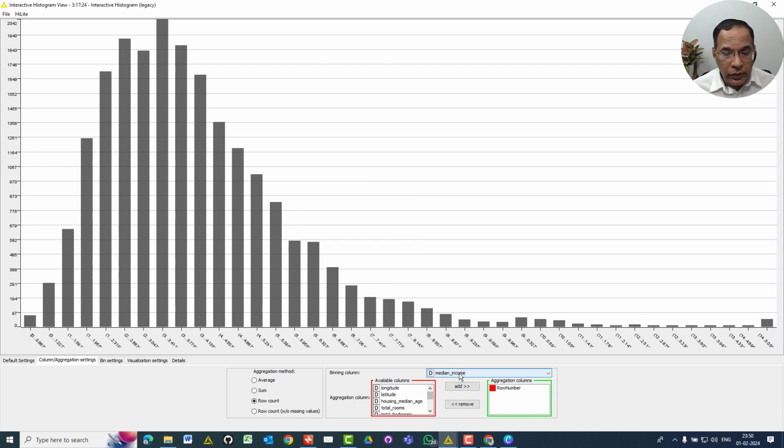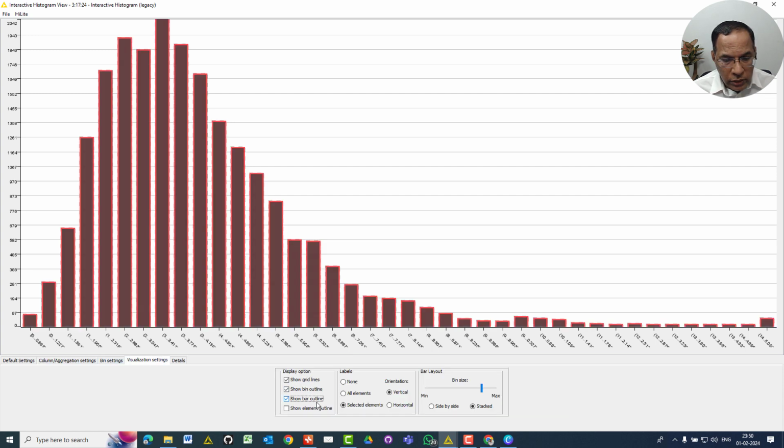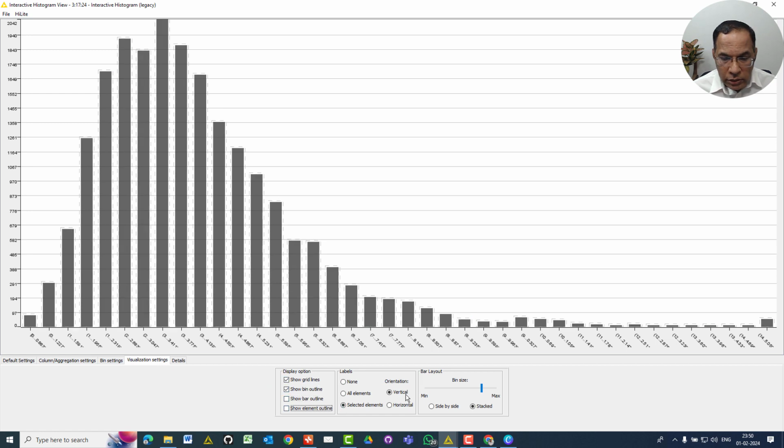Now let's look at other pieces. So for example, now I'm looking at median income, and we can see that the income starts with, let's say, for example, what is this? And I think there should be a visual to show the bin. So there should be an element that should come up mostly, but okay, we will figure out that part later.